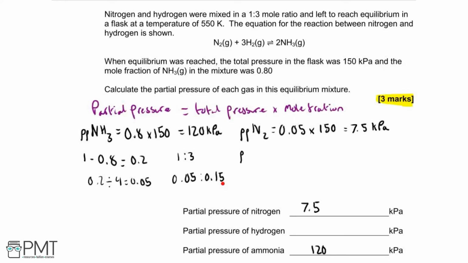And for the partial pressure of hydrogen, we are going to do 0.15 times 150 kilopascals to get a total of 22.5 kilopascals. So our third partial pressure is going to be 22.5. So here we now have our three partial pressures, which we will get 1 mark for each.